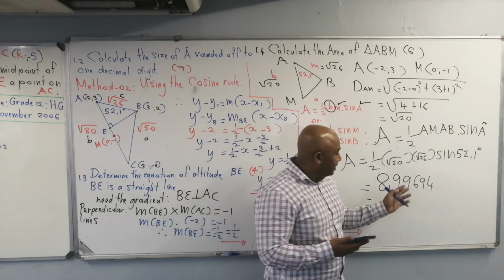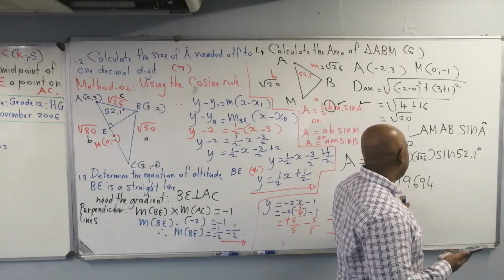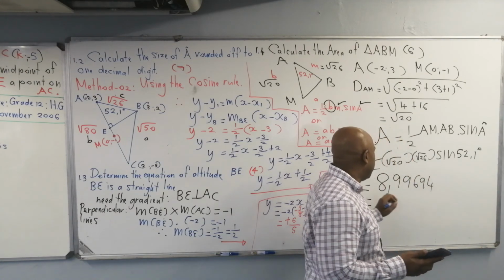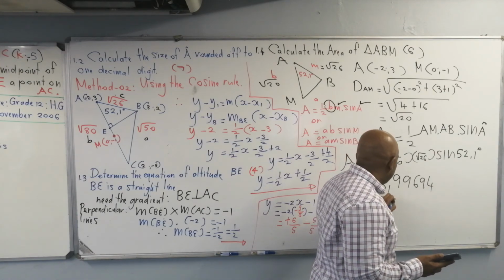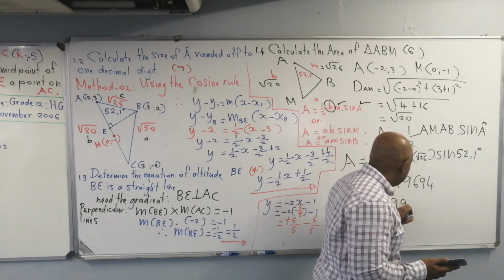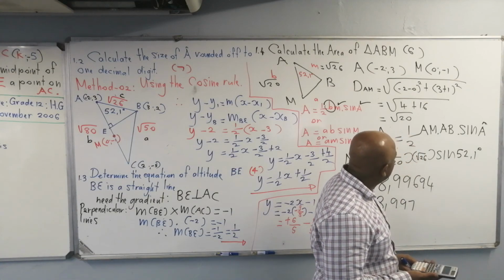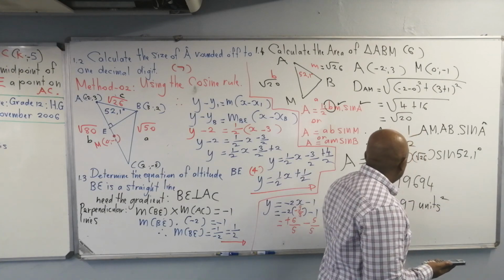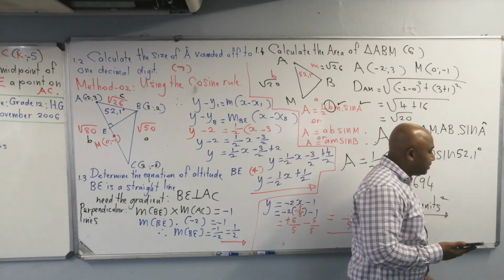Right, so basically if you're rounding up to one decimal place, okay, let's not round up to one, let's round up to 3 decimal places here. So that's going to be 8,997 units squared. That is the area.